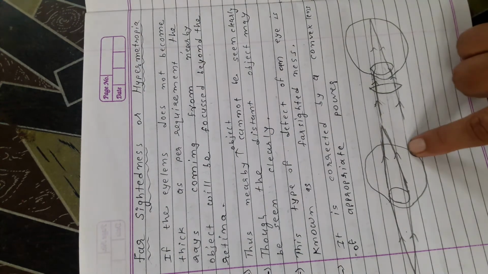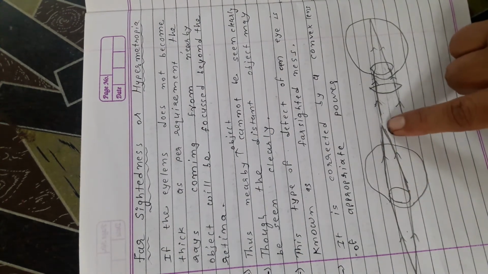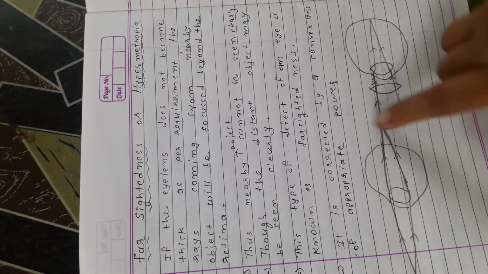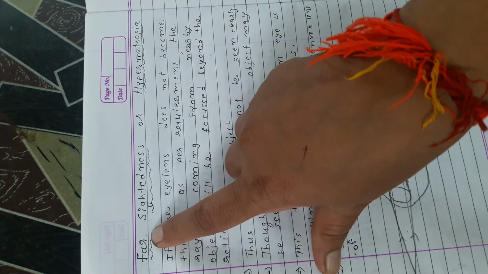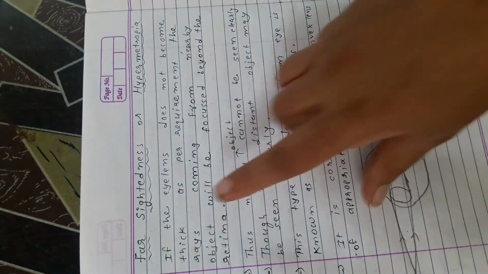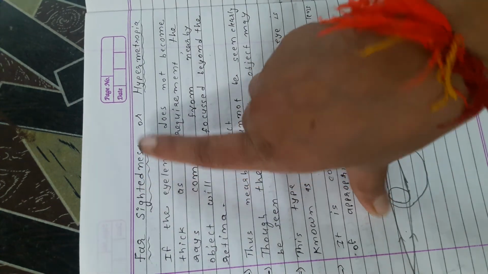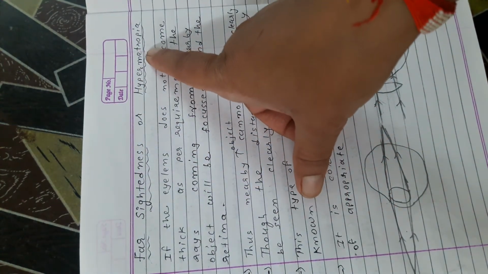This is the retina, and the image is focused beyond the retina. So a person can see the far object clearly but cannot see the nearby object. This type of defect is called farsightedness or hypermetropia.